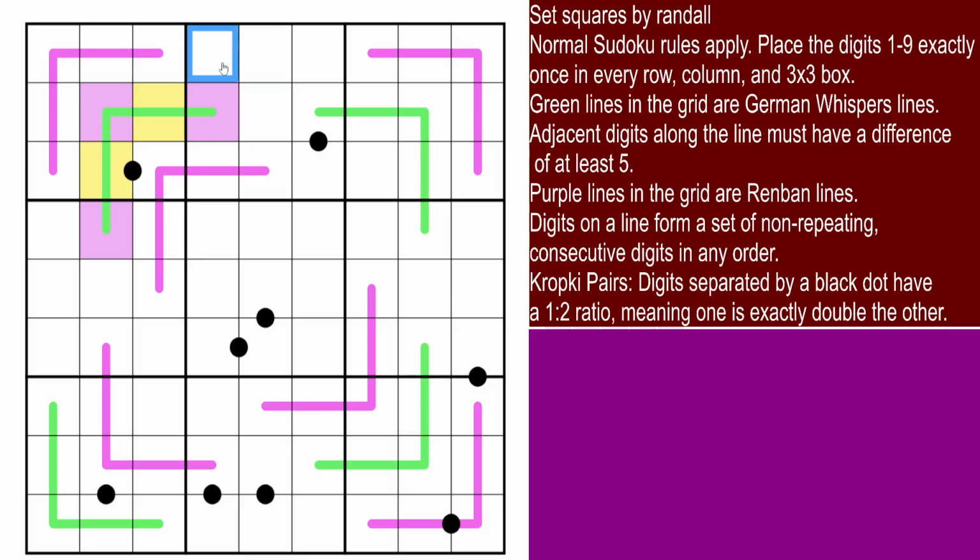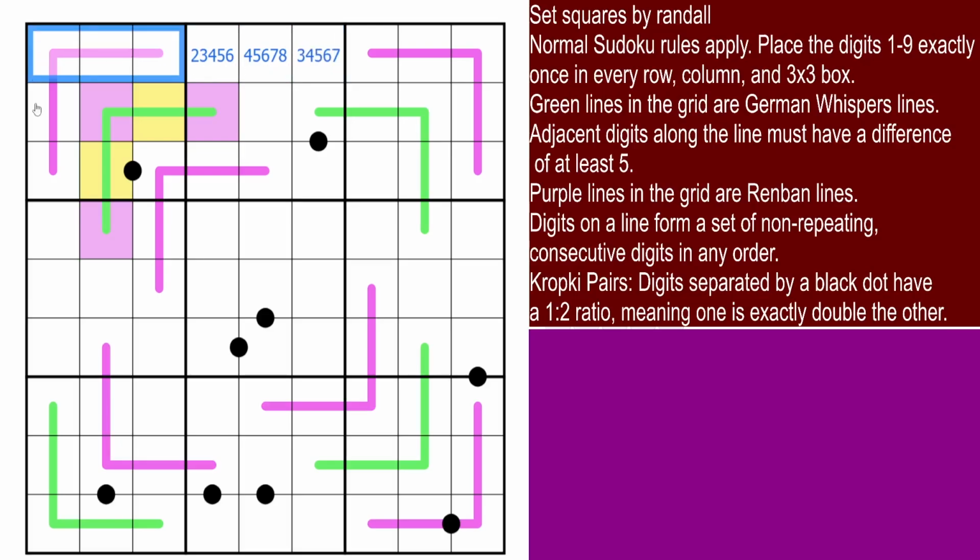So now we are left with the middle Renban, which is 2, 3, 4, 5, 6, or 4, 5, 6, 7, 8. One more is 3, 4, 5, 6, 7, but there is no need to mention that. So it must be between these 3 Renban. Let me put that 3, 4, 5, 6, 7.